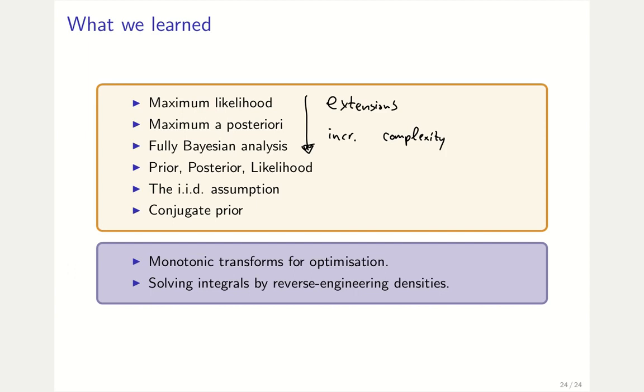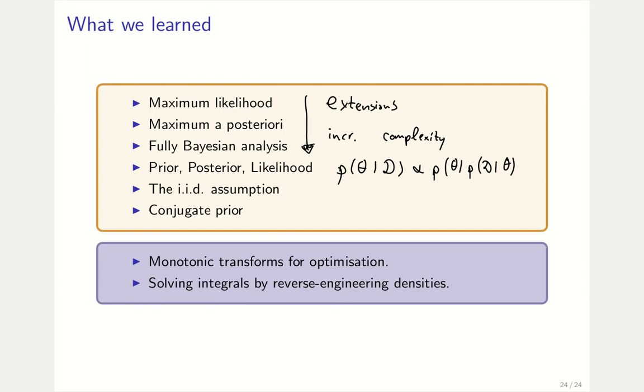And while we were talking about these concepts, we also learned about prior, posterior, and likelihood, and we found that the posterior, which is the distribution of our parameter given data, is connected to prior and likelihood, and it's actually proportional to the product of the prior times the likelihood, and that's a consequence of Bayes' formula. And we also talked about the iid assumption, which we will oftentimes implicitly make from now on.